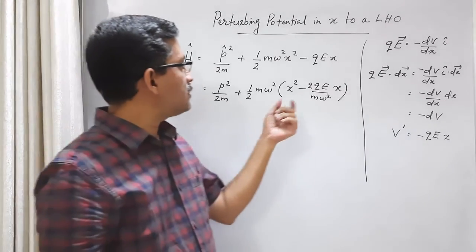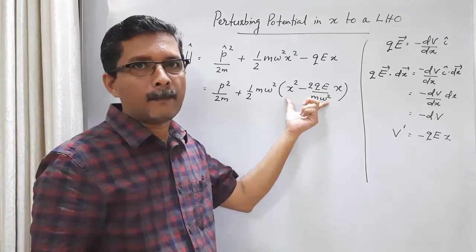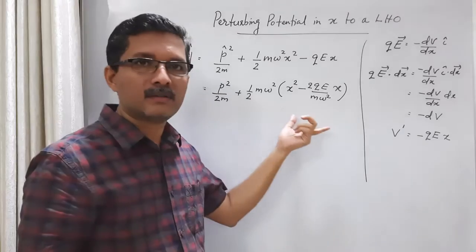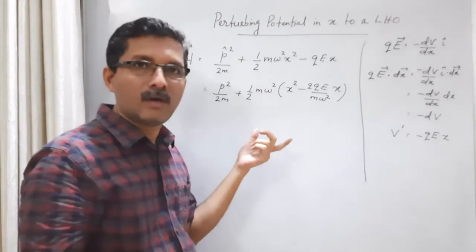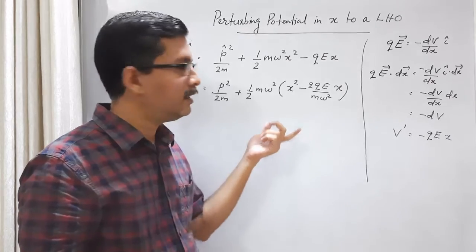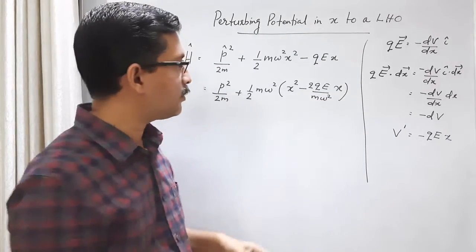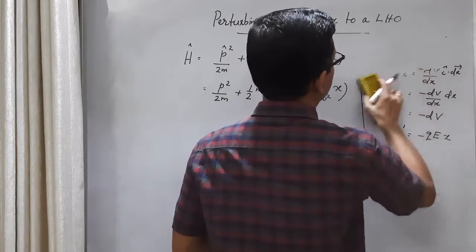Now immediately we can see that this term you can try to write as a perfect square. If you write this as a perfect square, then you get back the Hamiltonian of a harmonic oscillator. So let us try to write this as a perfect square and see what happens.